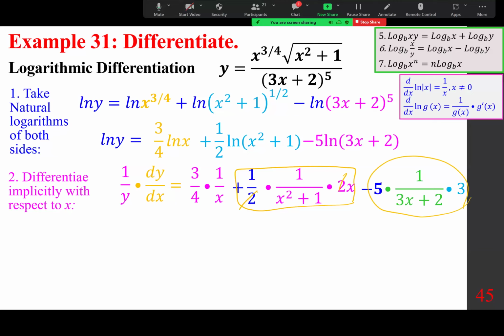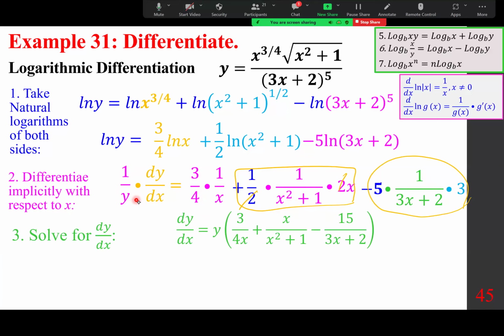This is minus 15 over 3x plus 2. So one more time. You simplify this one to 3 over 4x. You simplify this into x over x squared plus 1. This one minus 15 over 3x plus 2. And you just take 1 over y to the other side. How do you take it to the other side? Multiply by y. So solve for dy dx. And so replace the y with this expression, and you're done.